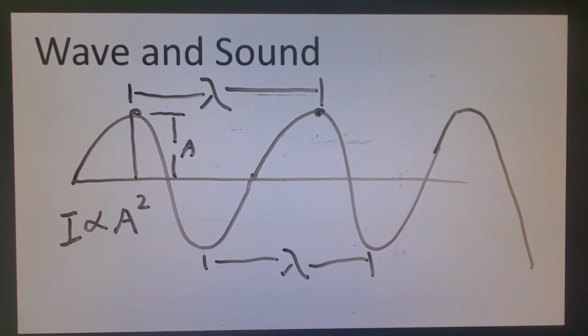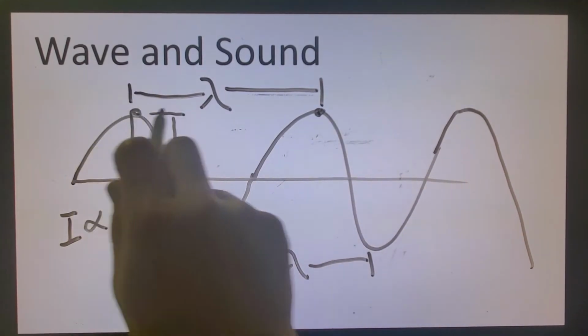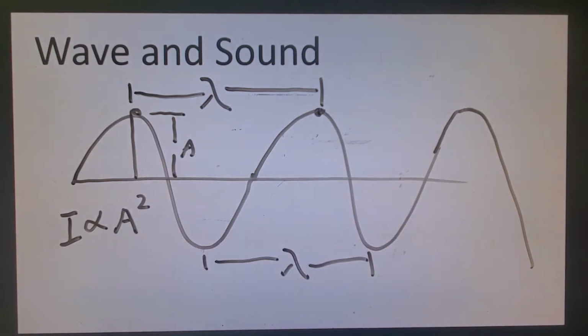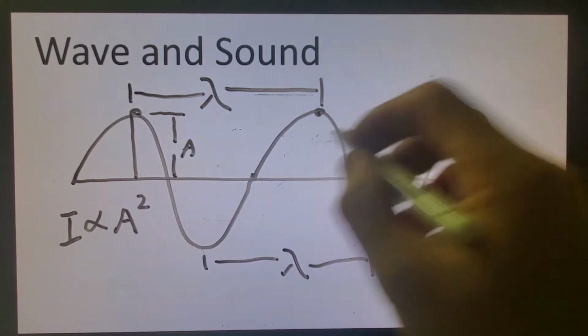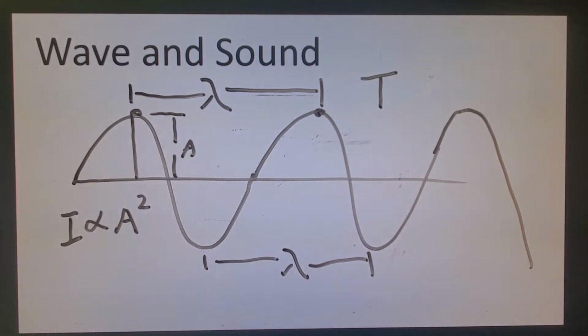The time to generate one wave, one cycle of the wave, is called period. Sometimes we use the letter T to represent period.